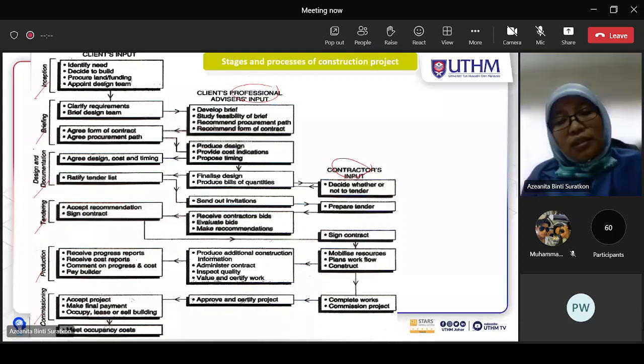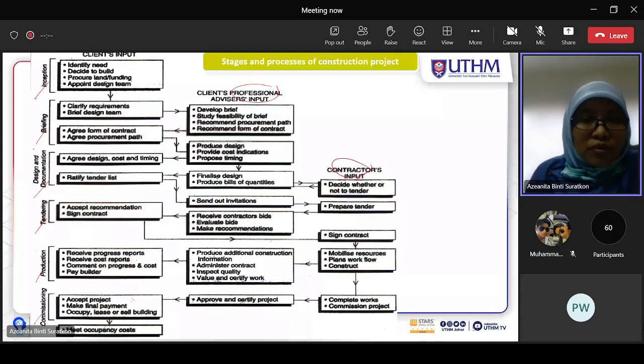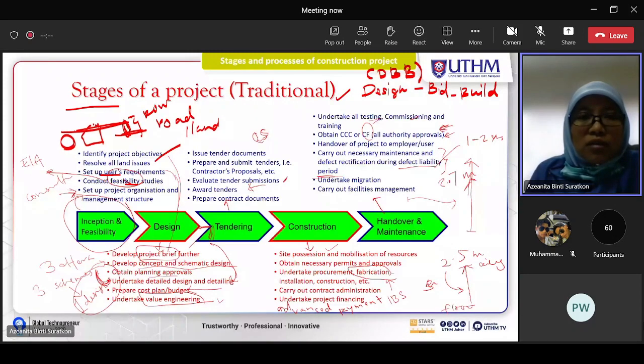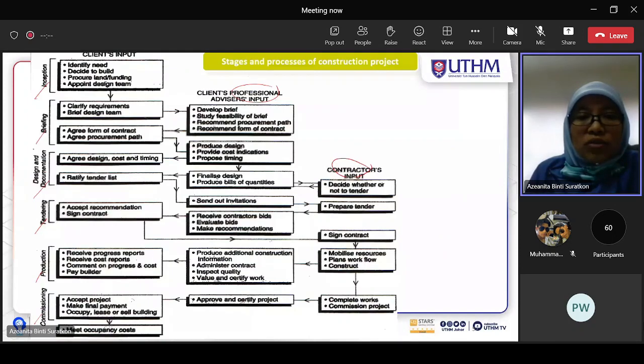Okay, so this is the process. Sometimes in the final exam, this is famous. All these stages of a construction project, so you need to understand.